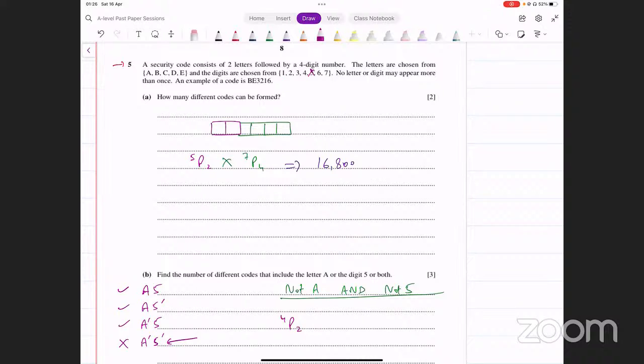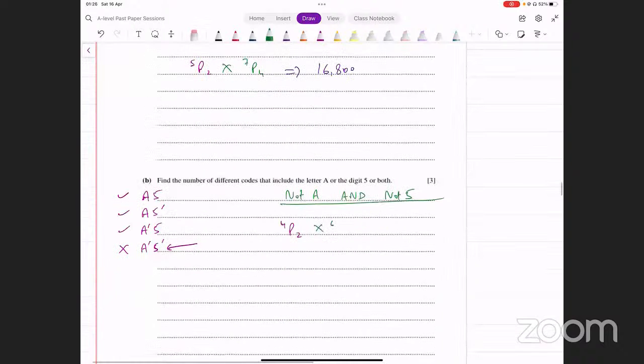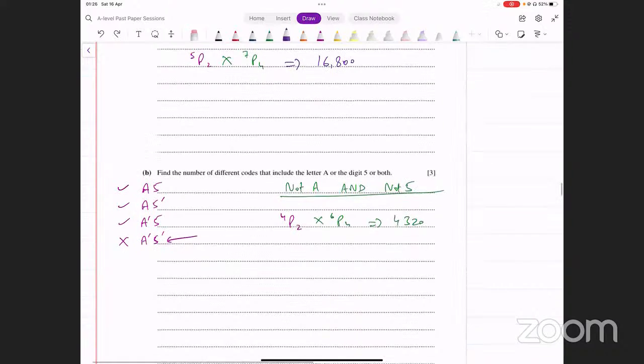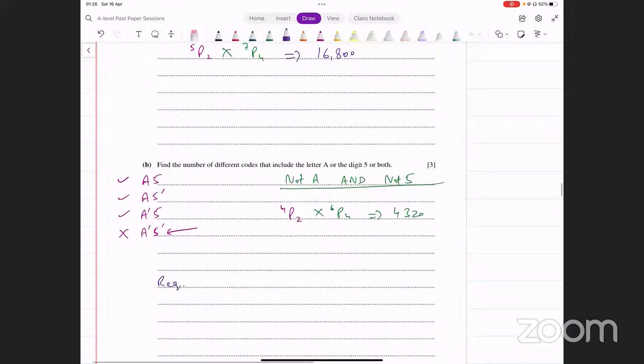We are left with 6 numbers. Out of those 6 numbers, we have to arrange 4. So that's going to be 6p4. And that will give you something. 4p2 into 6p4. And that is 4320. This is the case when both of them are not included. हमें इसका opposite चाहिए था. हम क्या कहेंगे? The required number of arrangements, what are they now?